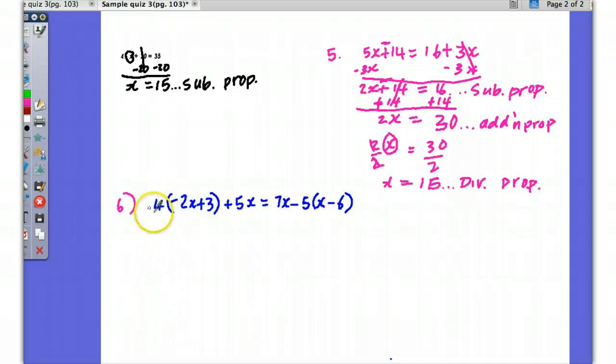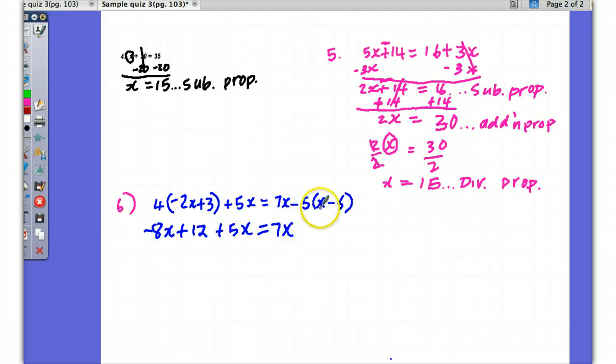So it's going to be a positive 4 times a negative 2x. And whenever I multiply a positive by a negative, I always get a negative result. So that's negative 8x. And now a positive 4 by a positive 3, the answer will be positive, and that would be 12, plus 5x equals 7x. I'm not touching anything else.